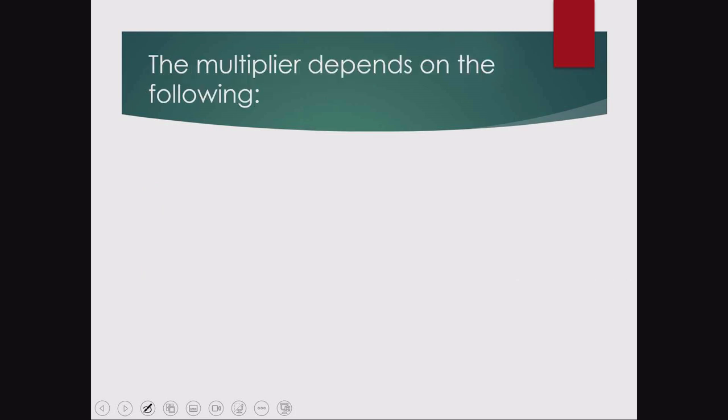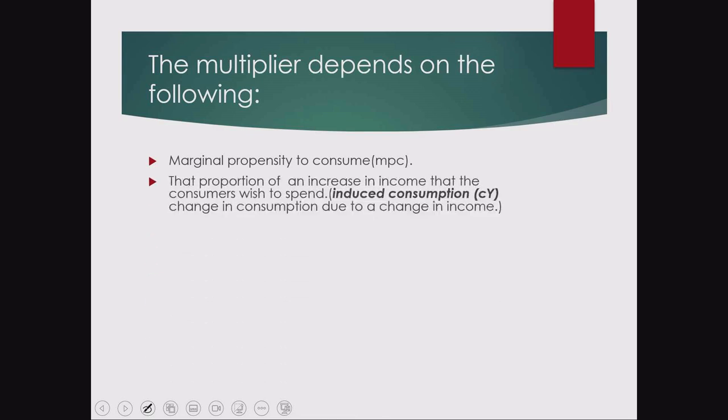Now, the multiplier depends on a number of things that I want us to note. It depends on the MPC. The MPC stands for the marginal propensity to consume. When we talk of the marginal propensity to consume, it is that proportion of an increase in income that the consumer wishes to spend.